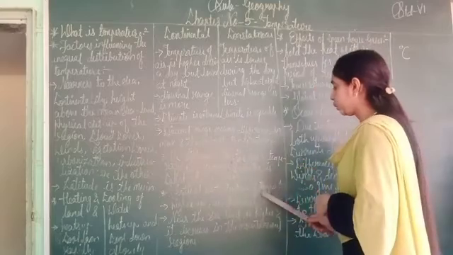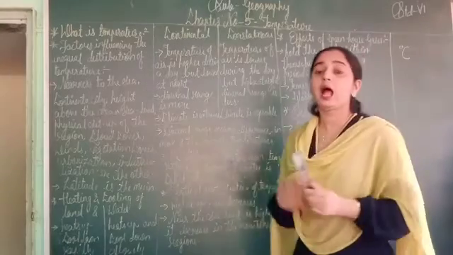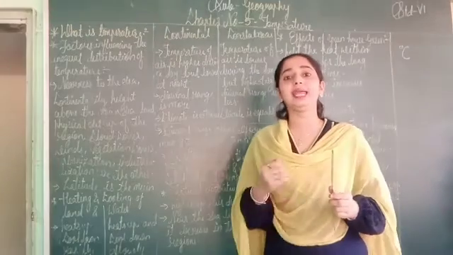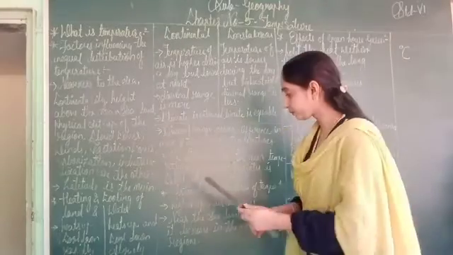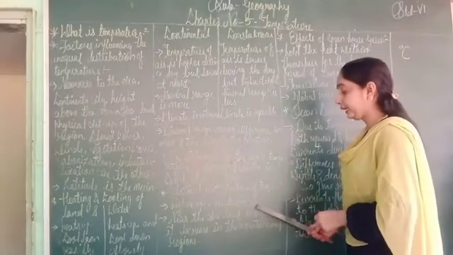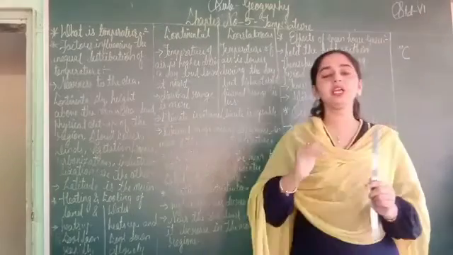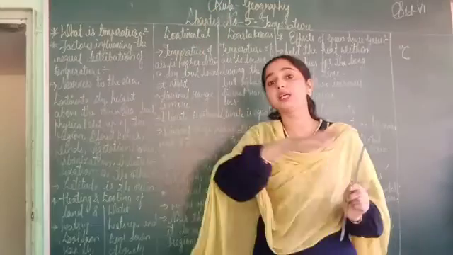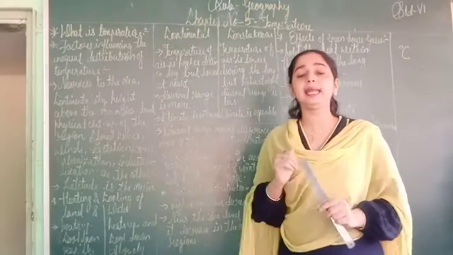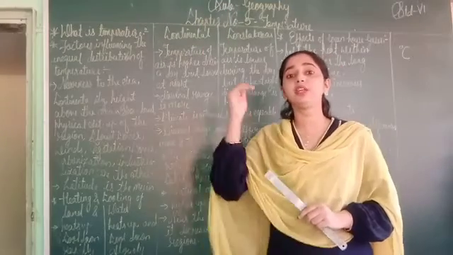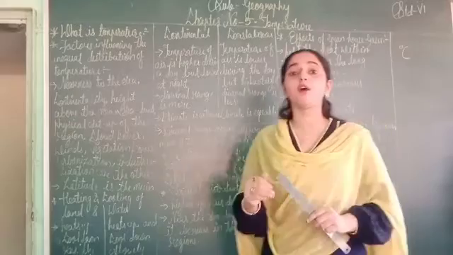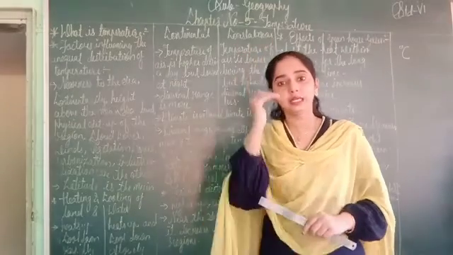Vertical distribution of temperature. How is temperature distributed vertically? Higher up, the air temperature decreases. When we go higher and higher from the surface of the earth, the temperature will decrease.